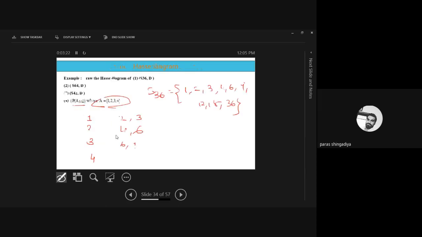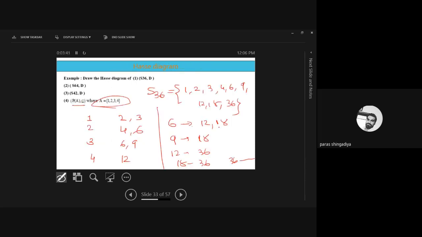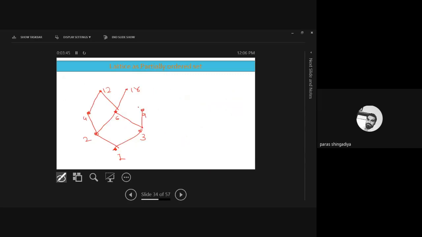Okay? And then after 4, 12, 18. Assign the 12 and 18. So 12 is a cover element of 4, and 12 and 18 are the cover elements of 6. Clear? As per the rule, 12 and 18 are cover elements of 6. And then 9 and 18.